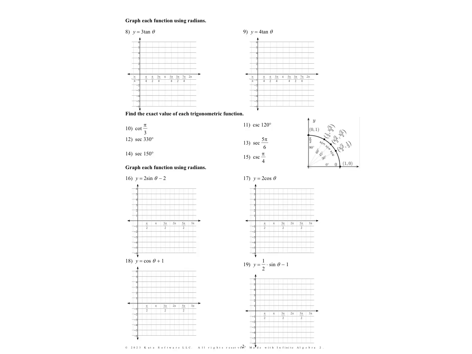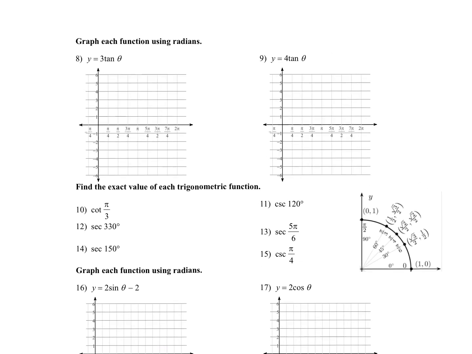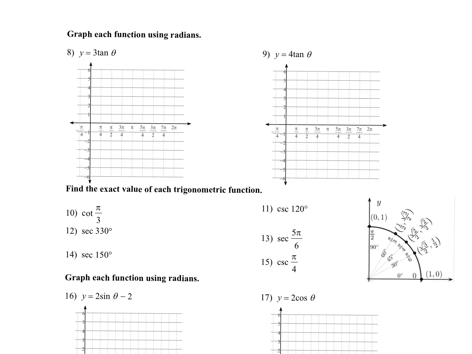The top of our next page is 2 tangent graphs, but just to help you guys understand a little better, I'm going to change 8 to 3 tangent theta plus 1. So I know what tangent looks like from doing it on the other page. I'm going to put my asymptotes on here at pi over 2 and 3 pi over 2.